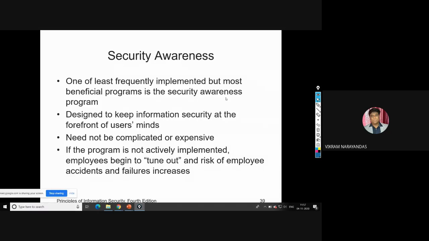They give good awareness in terms of security as well as the job role you have. So every organization should follow some policies, and these policies should be followed by the employees of the organization.